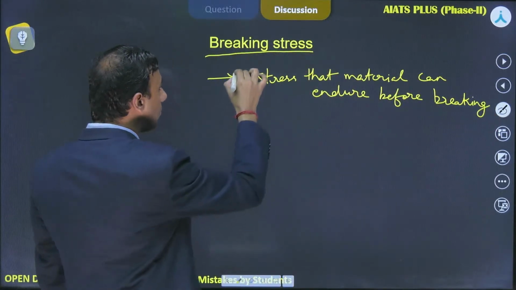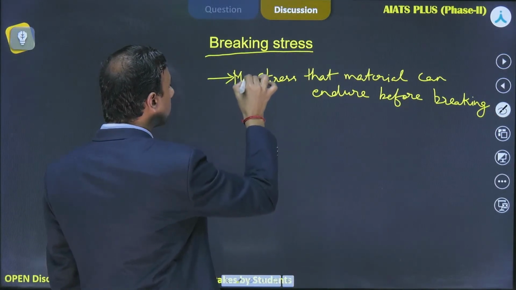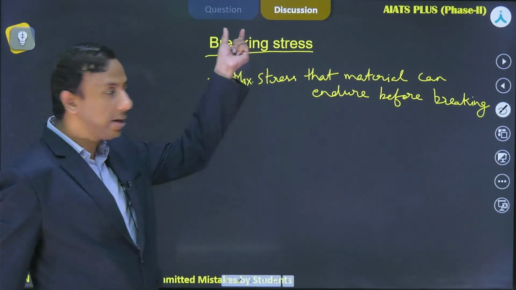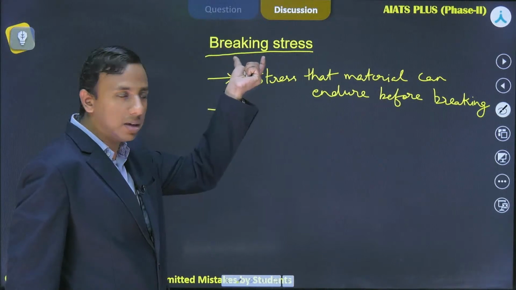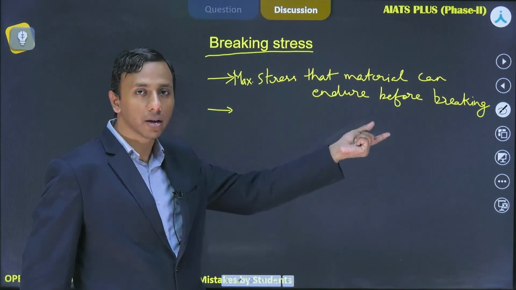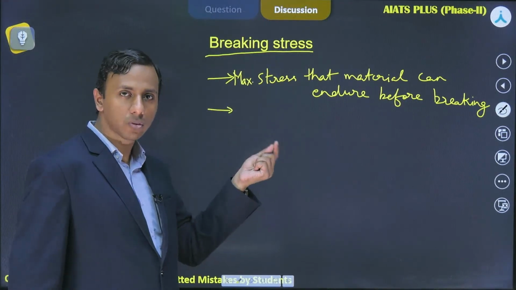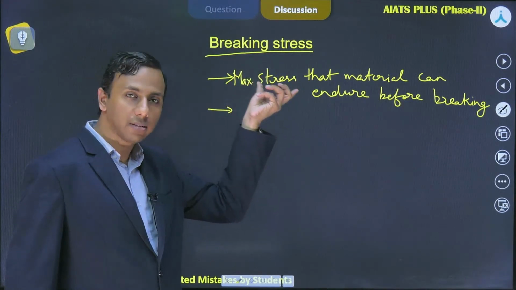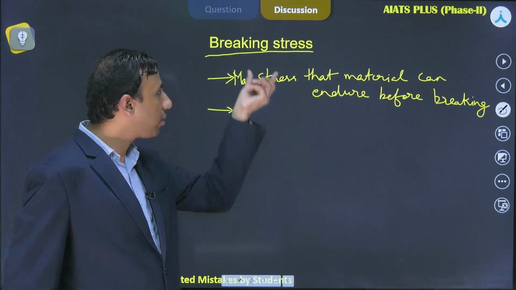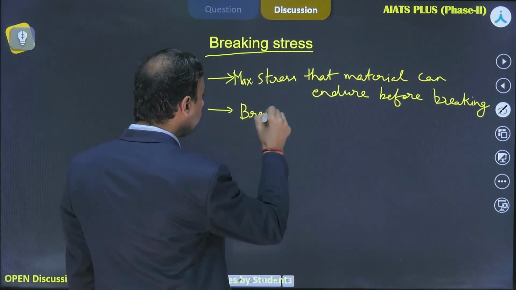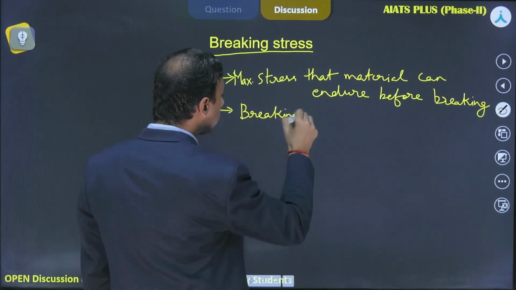So it is the maximum stress. The word itself signifies it: the word breaking, somehow something is going to break. So this is the maximum stress. In some books it is also called fracture stress. Some can also call it breaking strength. So also called breaking strength. So this also you can note down.